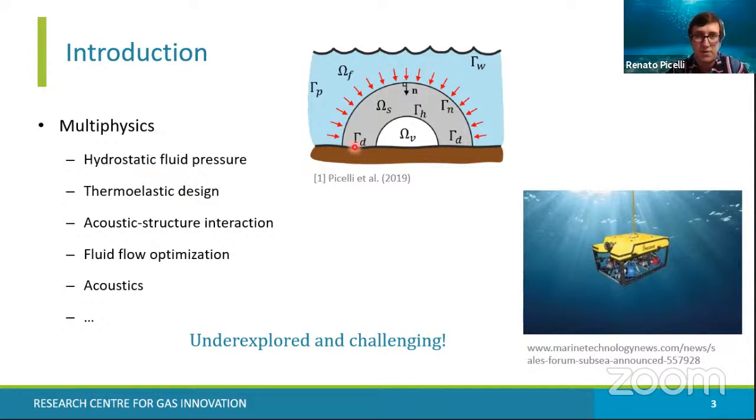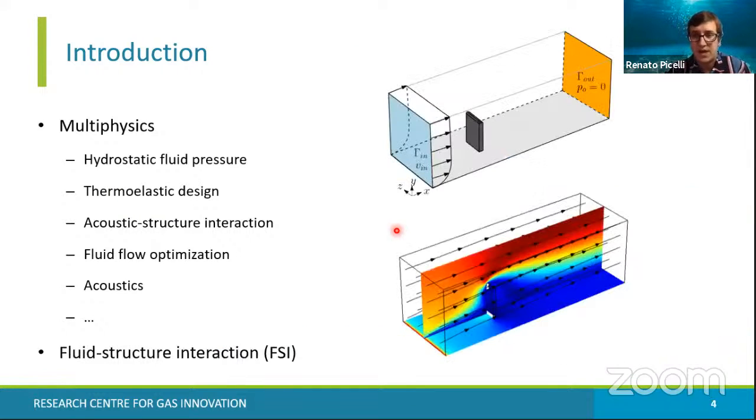Problems like hydrostatic fluid pressure in structural design, submerged structures, thermoelastic design, acoustics, fluid flow optimization, etc. And the topic of today, fluid-structure interaction, mainly comprises a viscous fluid flowing around an elastic structure, like this 3D example here. Fluid enters the blue inlet, exits the orange outlet, and interacts with this elastic gray wall. I will come back to this example in the end.